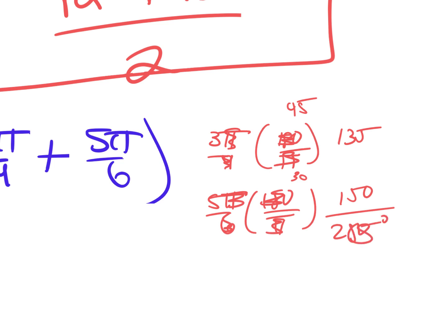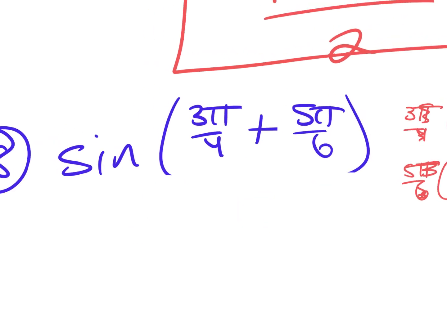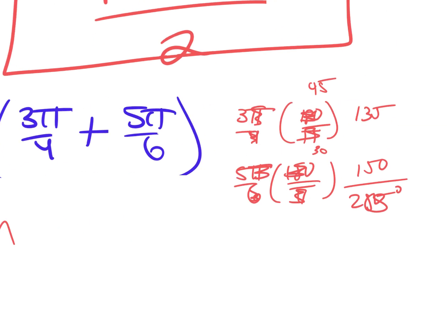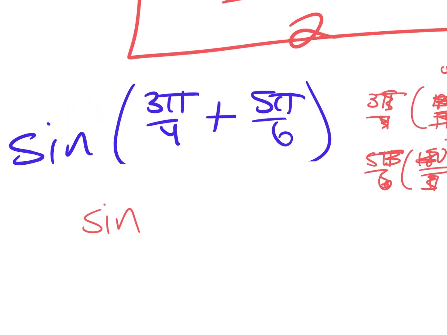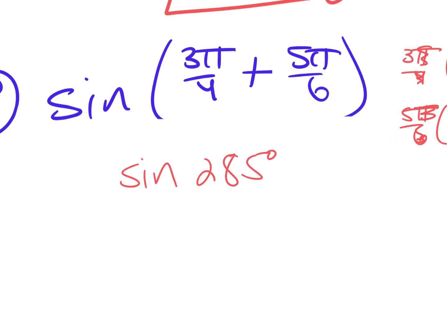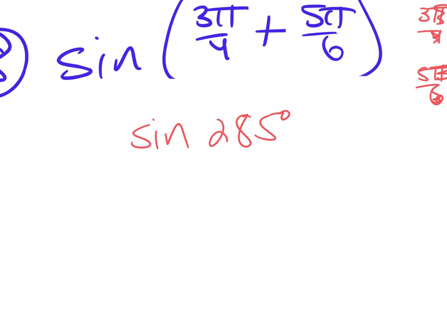So what this question is actually asking me is what is the sine of 285? Well, check your unit circle. Is 285 on your unit circle? No. Do I have two numbers that I could add or subtract to give me 285? 225 and 60.